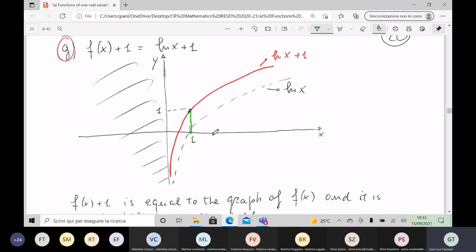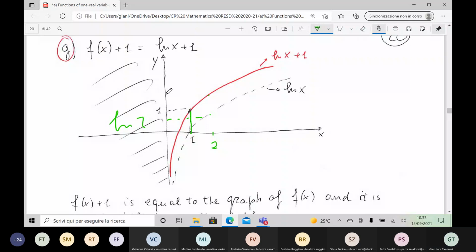If you take, for example, 2 here, which is the value of the logarithm? Put 2 inside the logarithm. Here you have the value logarithm of 2. I do it poorly, guys, because, you know, I have troubles. So it's logarithm of 2. Which is the value here, guys? So go above. This is shifted above by 1 unit.